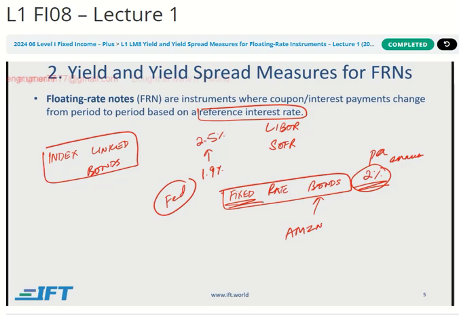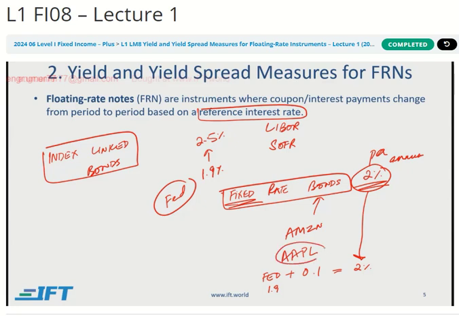So instead of going for that fixed rate bond, what you could have done is gone for, let's say Apple, which on the other hand was offering a FRN, a floating rate note, offering the Fed rate plus 0.1%. So the Fed rate at the time was 1.9, plus the 0.1 was giving you 2%. So at the time it was equal to the Amazon bond.